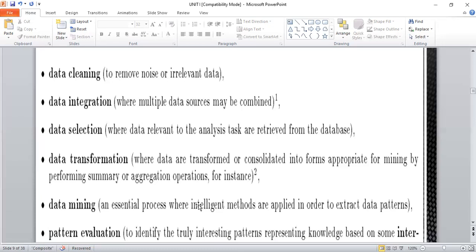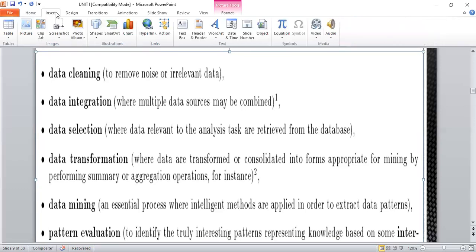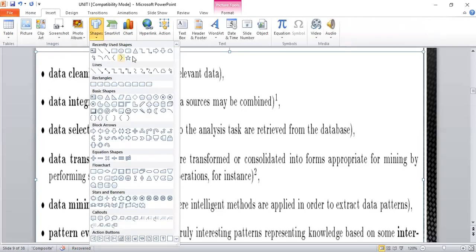So heterogeneous data from multiple sources will be combined at a common place, which is called your data warehouse.